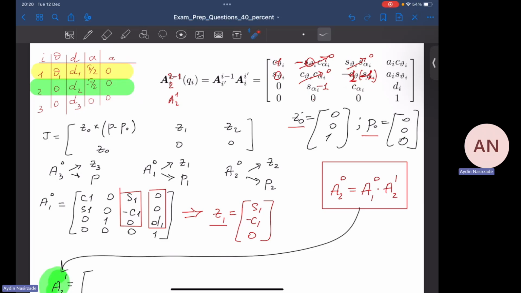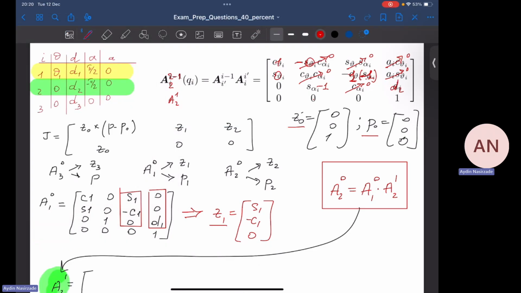Okay, so we get -1 times -1, which means we get 1 here. So cosine of alpha 2, sorry, minus pi by 2, becomes 0 as well. 0 we have here. A1 is 0, that's why it's gone. This is gone as well because A2 is 0. These two are gone. D2. What is D2? D2 is D2.